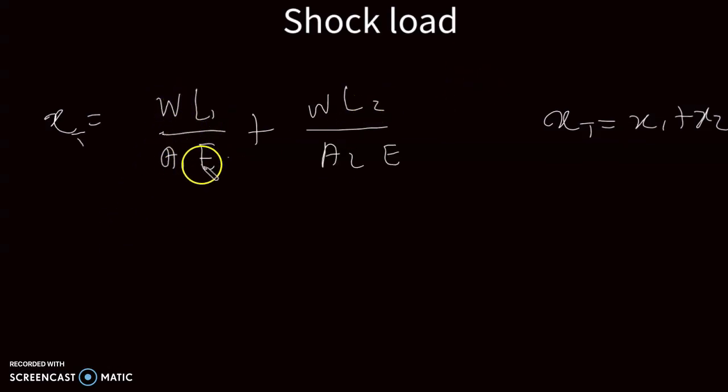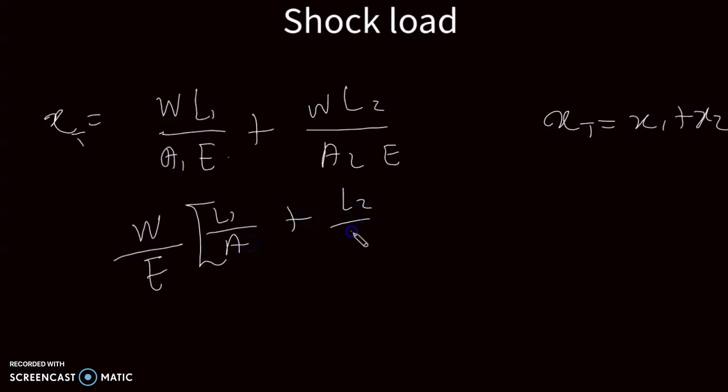The weight and the Young's modulus, they are common factors. We have length number 1 divided by area 1 plus length number 2 divided by area 2. And then from there, we substitute.